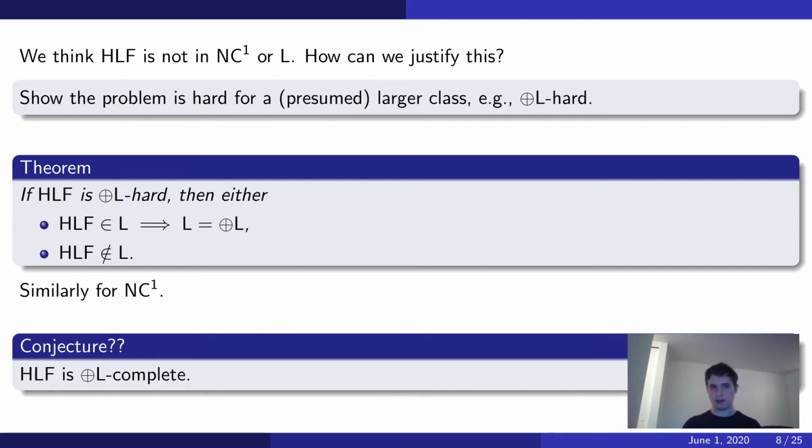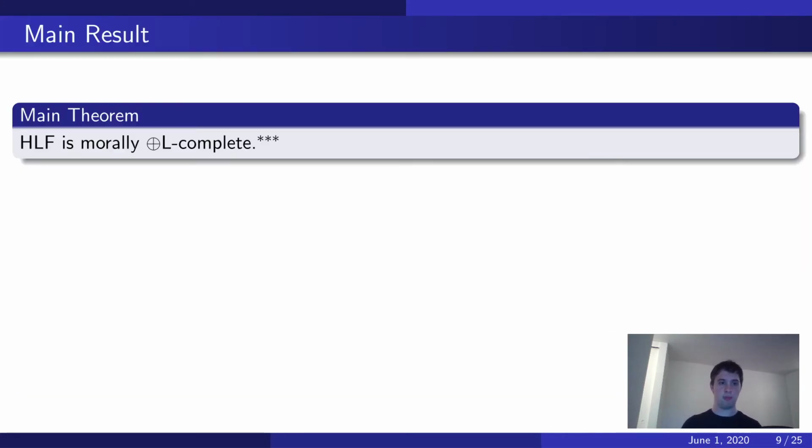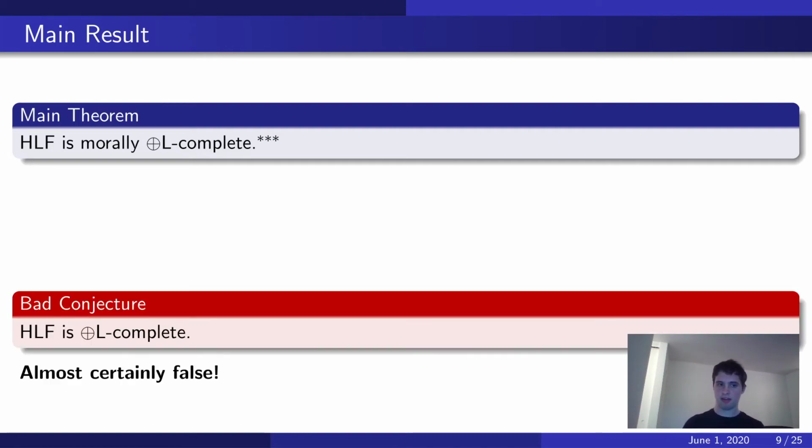And indeed, if I had to describe our main result in 6 words, they would be: HLF is morally parity L complete. But you can see from the fact that I snuck a "morally" in there, and there are 3 asterisks hanging off the end of this theorem, that really it's not such a good conjecture. I'd go so far as to say it's almost certainly false.